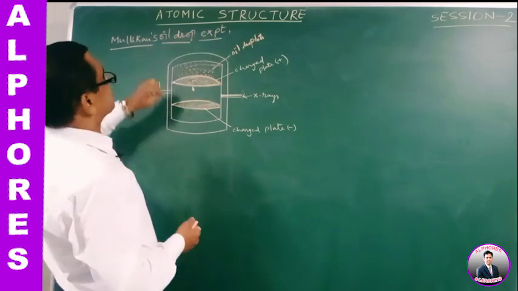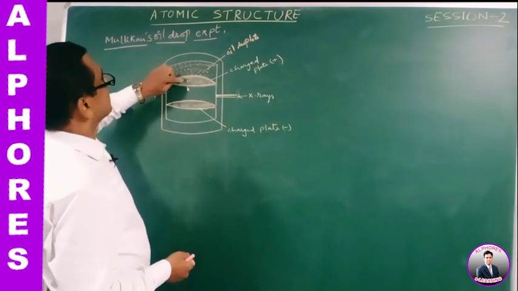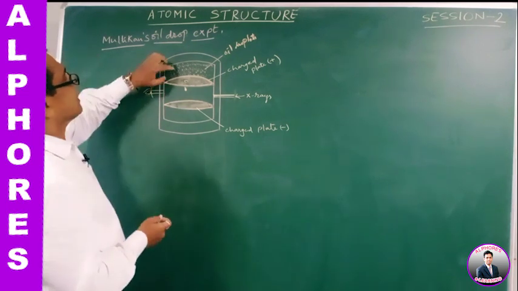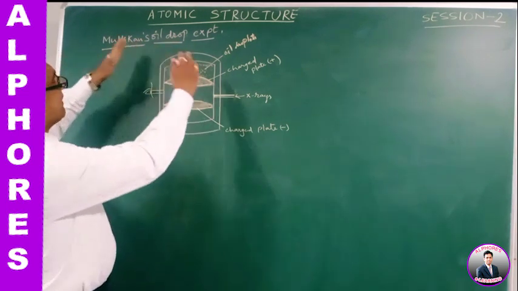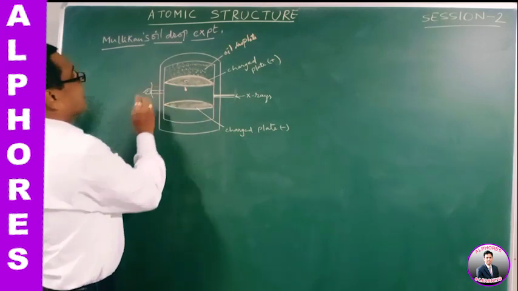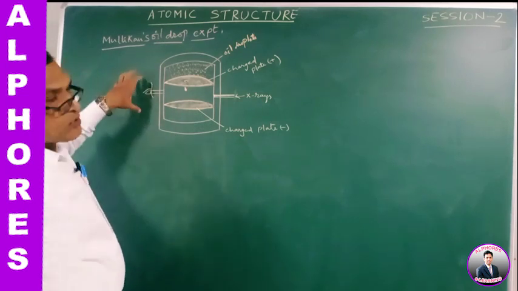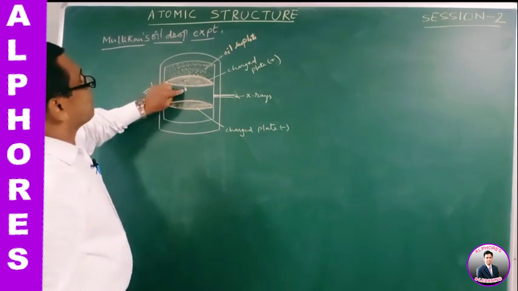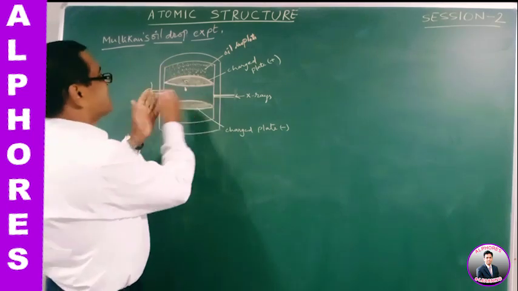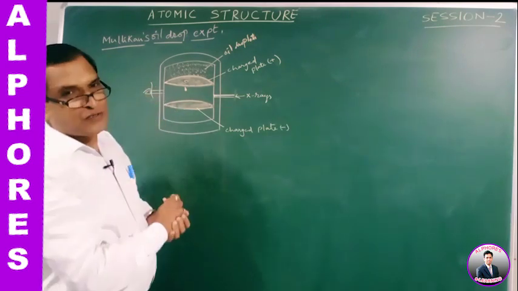These oil drops pass between the two charged plates through a small tiny hole. The equipment is equipped with a micrometer telescope to view the droplets, and the gases present in the chamber are ionized by passing a stream of X-rays.